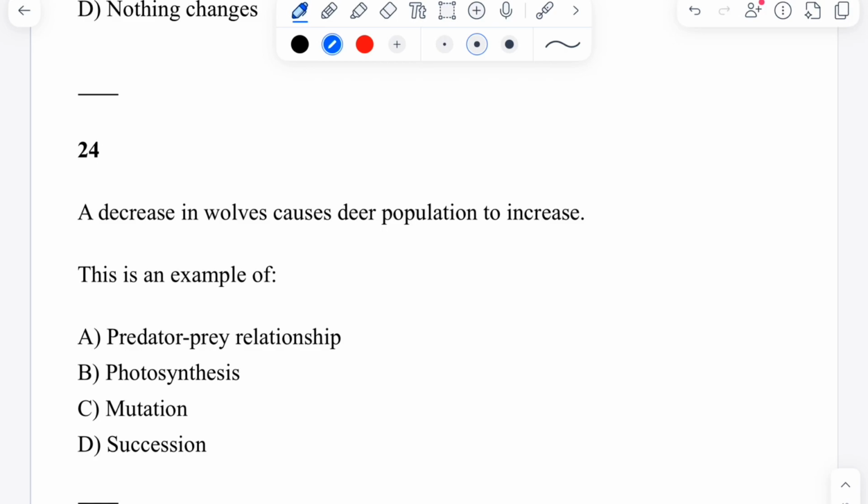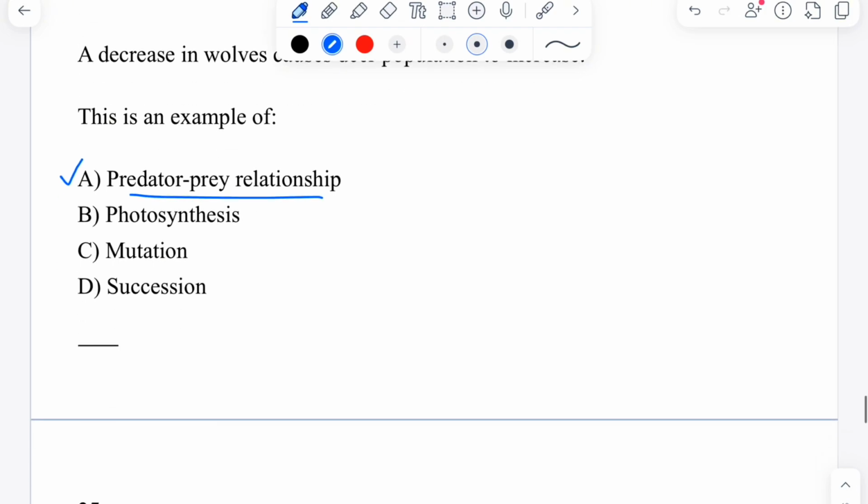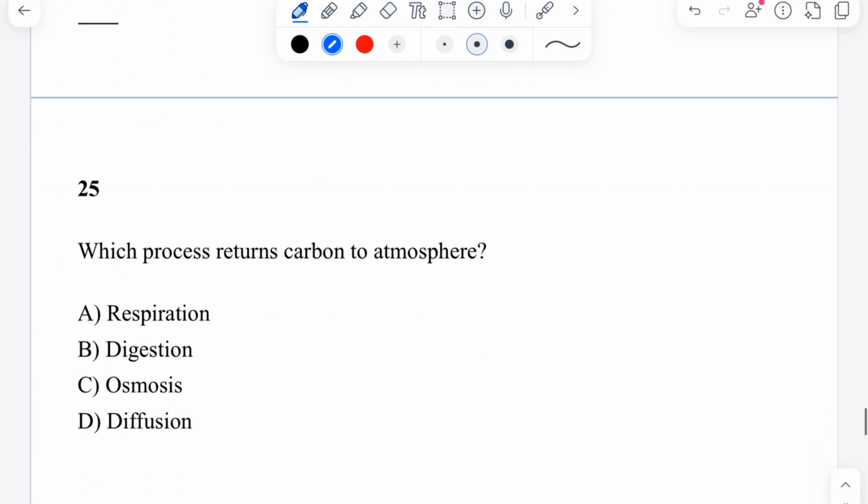Number 24. A decrease in prey causes the predator population to decrease, and an increase causes their population to increase. This is an example of A. Predator-prey relationship, B. Photosynthesis, C. Mutation, and D. Succession. So A, predator-prey relationship. Number 25.